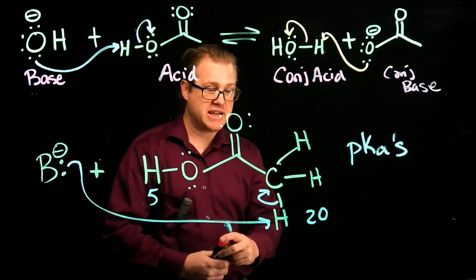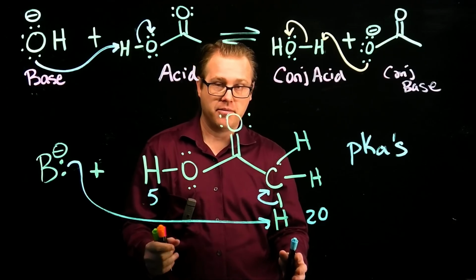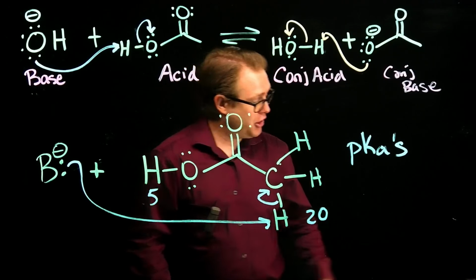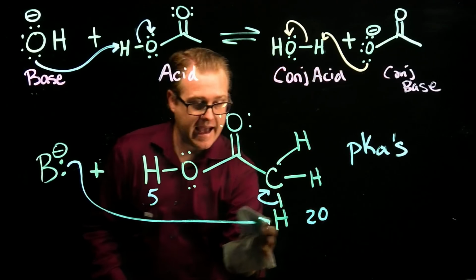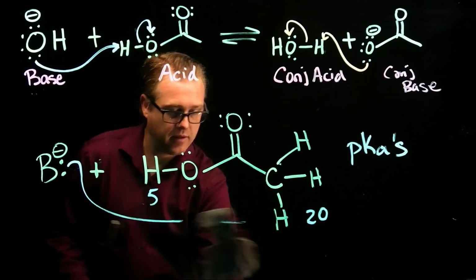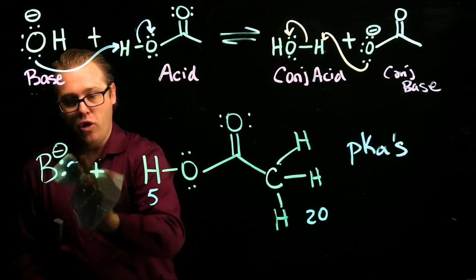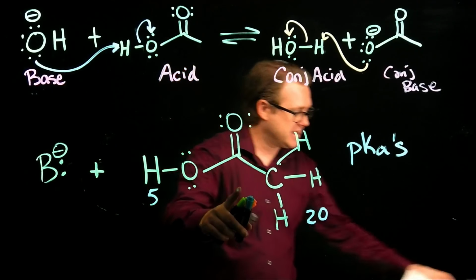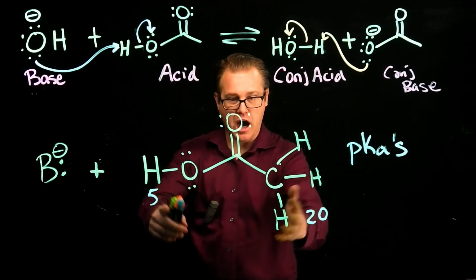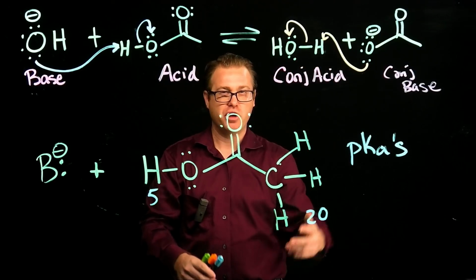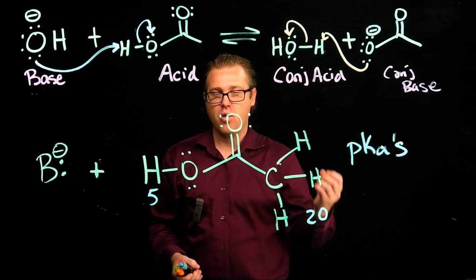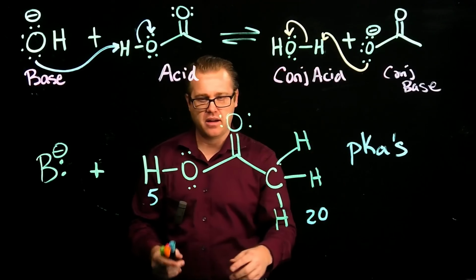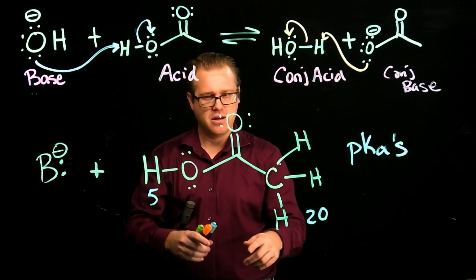And once you understand what pKa values are and know their numbers, you could have your acetic acid right here. You know you have a base. You know this is the acid, and then you ask yourself, well, which hydrogens? You go to your pKa tables, or you have them in your head, and you're like, 5, 20.